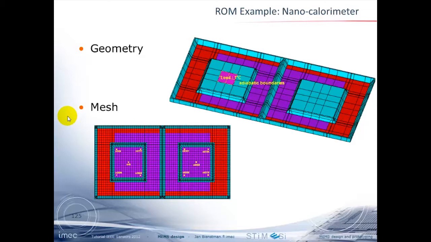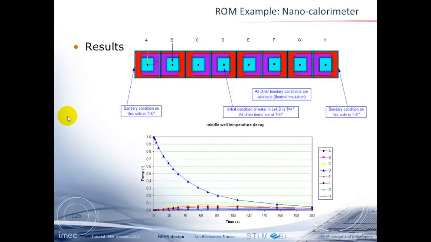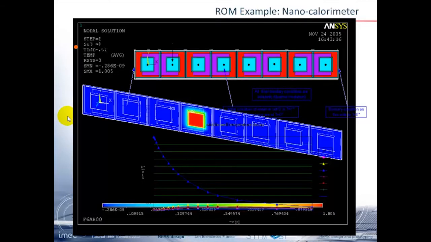This is the partitioning, and this is the mesh. And in that case I could already have a full row, because I wanted to see the effect of several cells on each other on the full wafer scale. I could do the simulation. Here is a quick example of such a transient simulation.